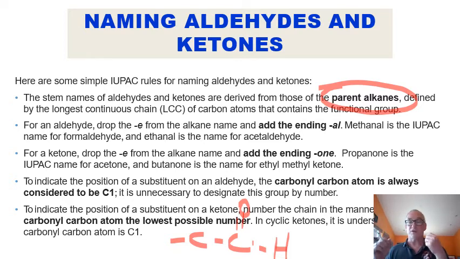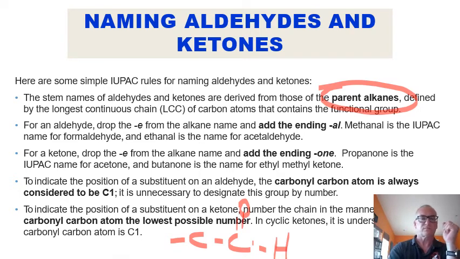And then we would also have to give the number, because if it's got more than 4 carbons, we don't know which carbon the carbonyl is on. If it's got 3, we know it's on carbon number 2 because it has to be on an internal carbon. If it's got 4, it has to be on carbon 2 because if we go in one direction, it's going to be on 2, and if we go in the other direction, it's going to be on 2.